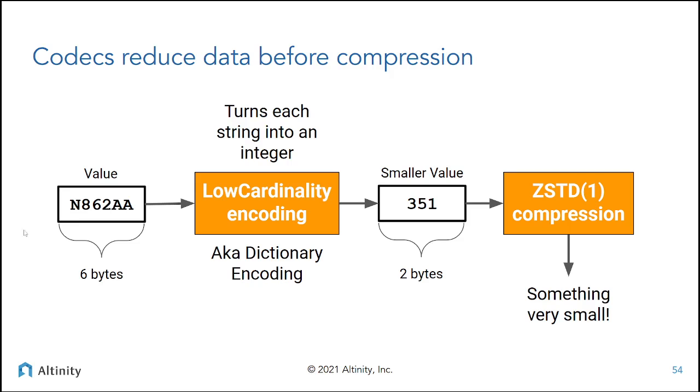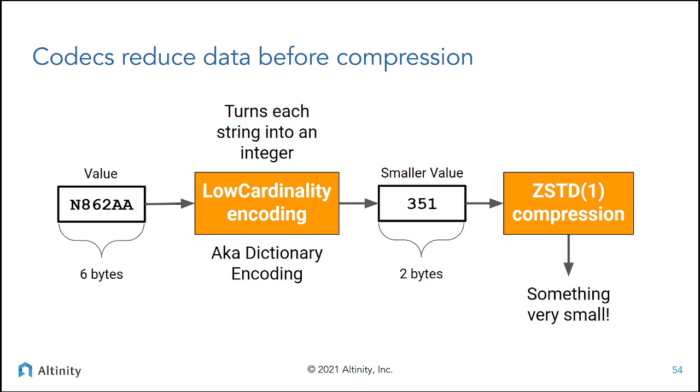The other thing is adding a codec, or an encoding. An example of this is low cardinality. This looks like a data type or a function that you call on the column type. It turns a string into what's called a dictionary encoding.